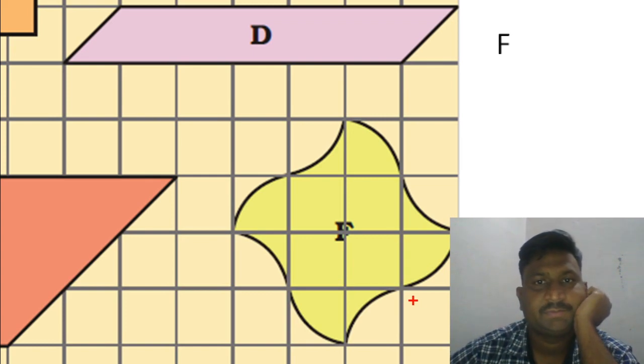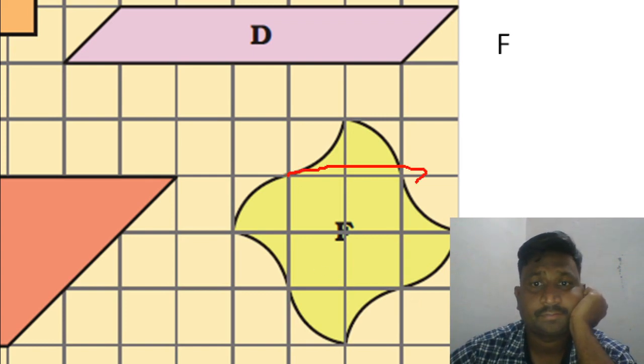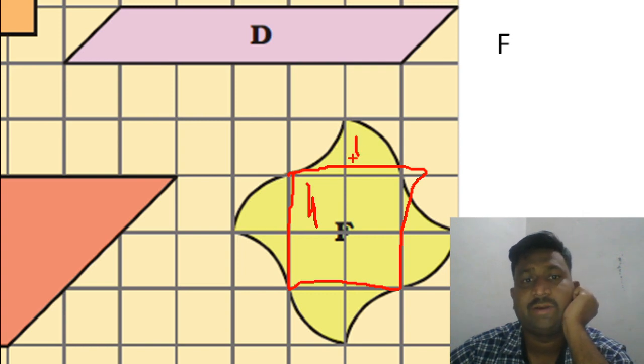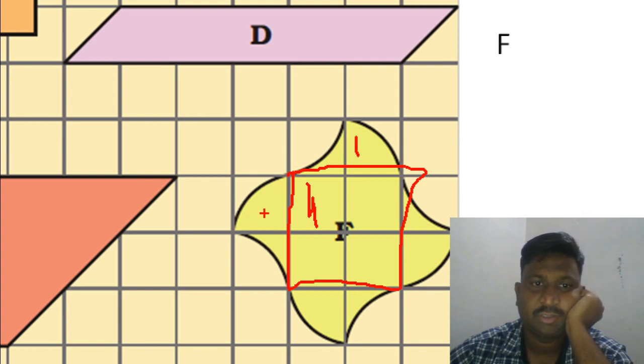So see this, these fours are complete. This portion and this portion makes one complete. Again, like this one and this one.